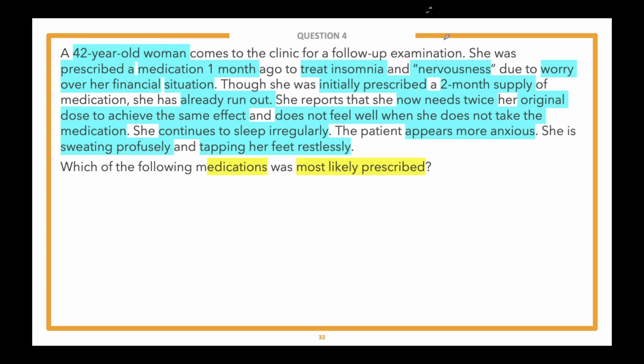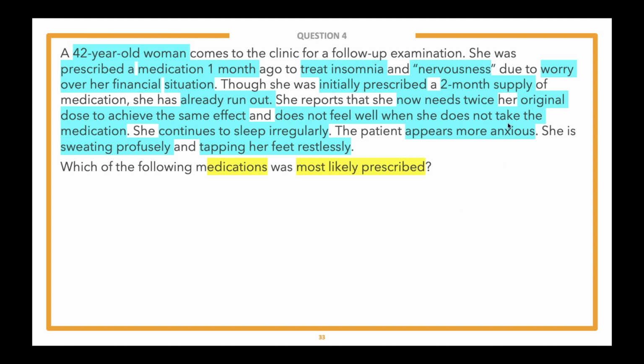So a little bit of a longer vignette. We have a 42-year-old woman. They give us a lot of history of present illness. She was prescribed a medication a month ago for insomnia and nervousness. She was given a 2-month supply, but it's run out. Then they tell us a little bit more about what she's been doing, how she's been feeling, all important to take note of to try to come to a diagnosis.